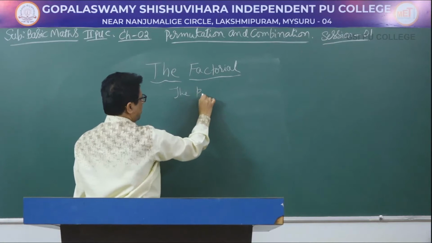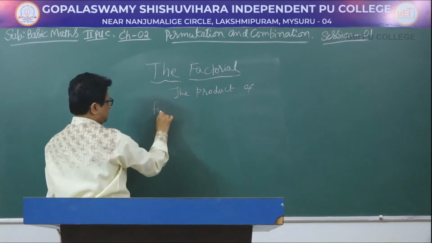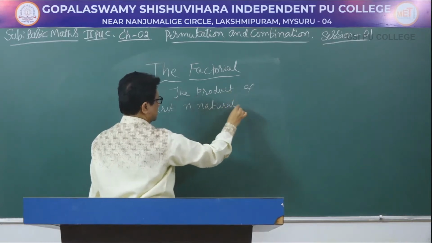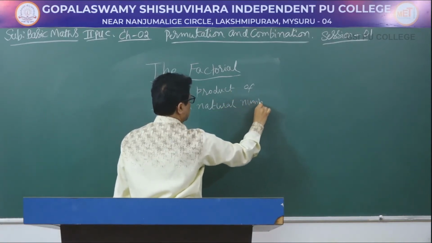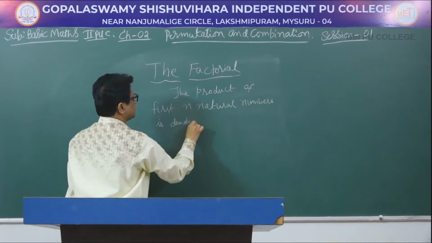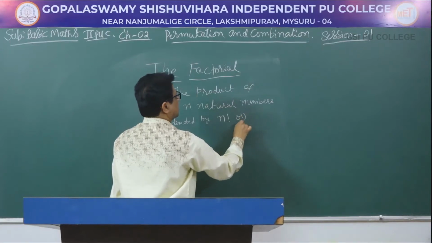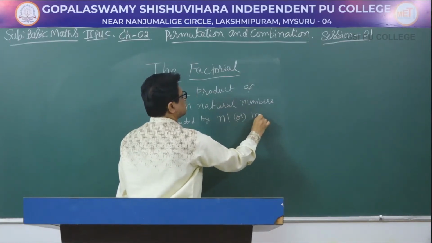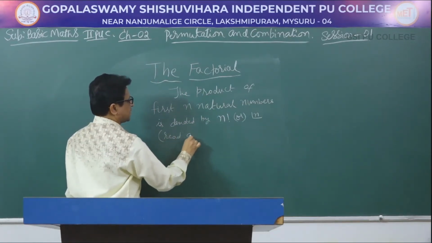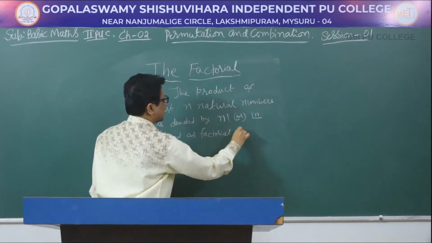The product of first n natural numbers is denoted by factorial n, or by the symbol n!.